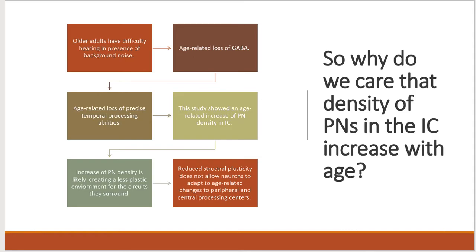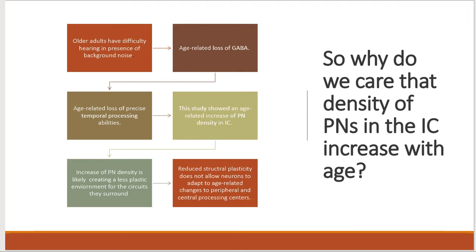We also learned about the age-related loss of precise temporal processing abilities in Dr. Jennings' lecture on the IC earlier in the semester, specifically when we talked about gap detection in the aging mice. So these 2 points go hand in hand, and we know that temporal precision in the aged IC is often disrupted with the age-related loss of GABA.